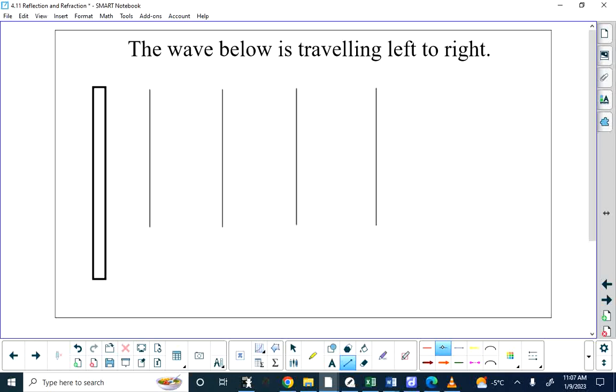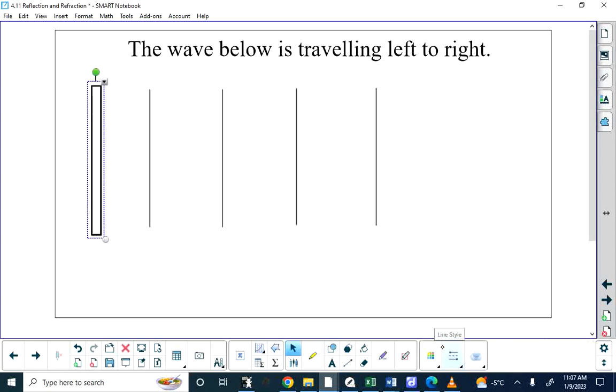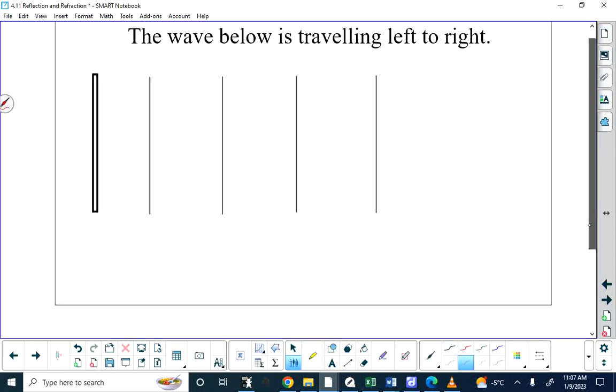Let me ask you a question. What could I do to make those lines, those ripples, closer together? Faster, higher frequency. And that's kind of a nice idea because, as a side note, speed of a wave equals frequency times wavelength.